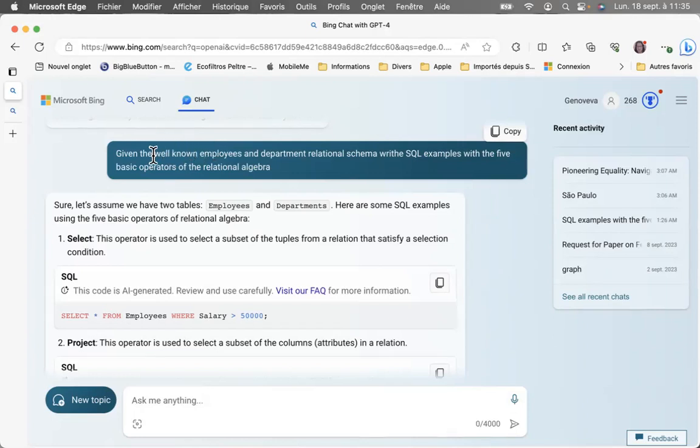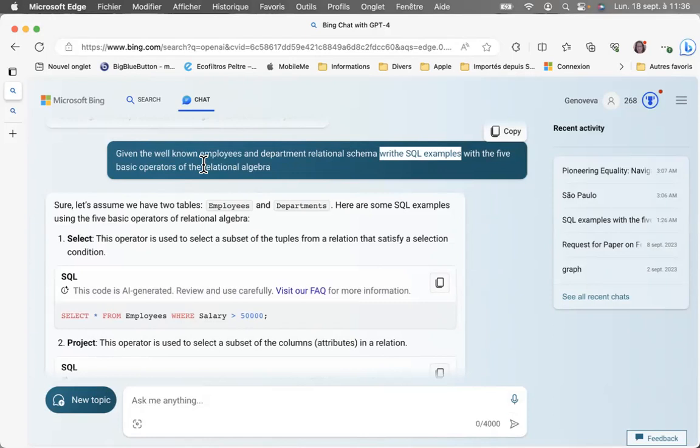So I asked it that there is a well-known schema about employees and departments, and I even wrote with mistakes. I'm asking it to write SQL examples with the 5 operators that are associated to relational algebra.